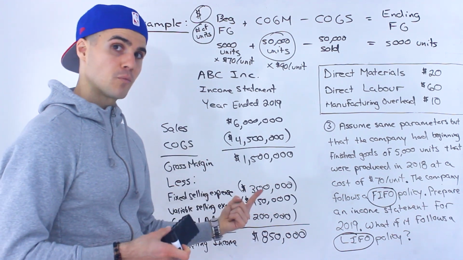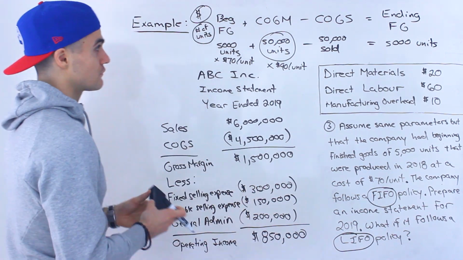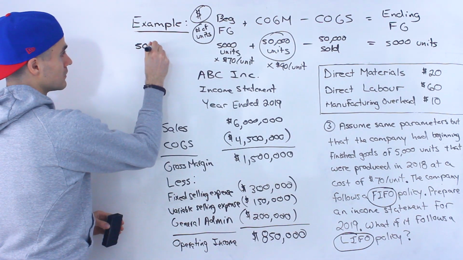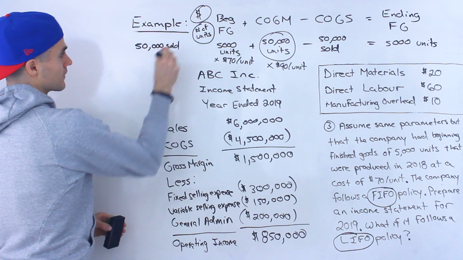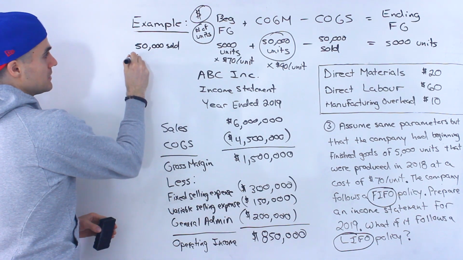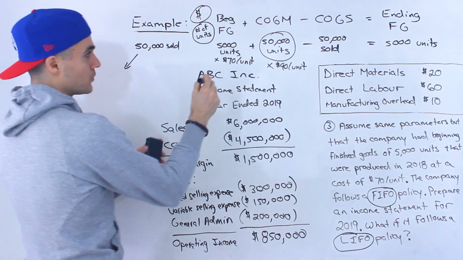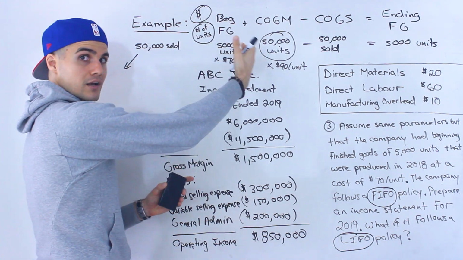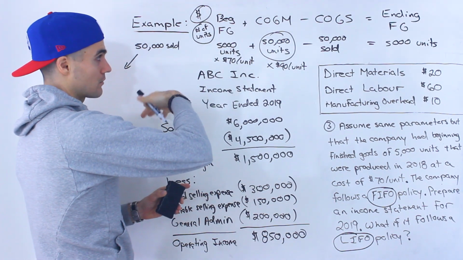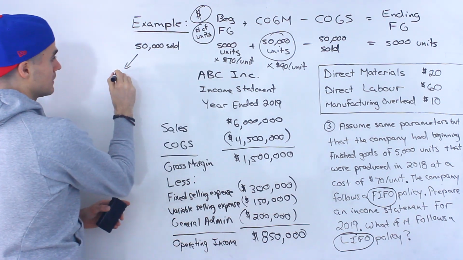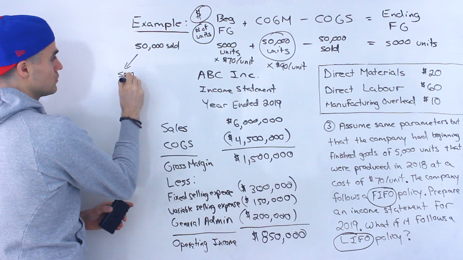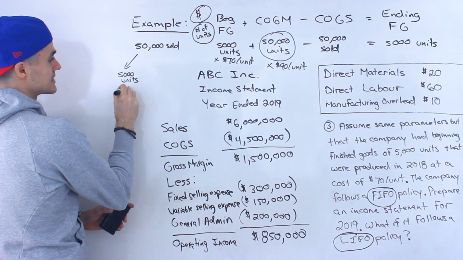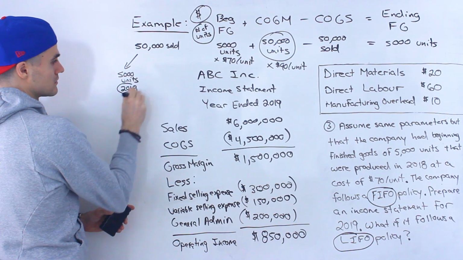But with the FIFO policy, it's going to be different because now that 50,000 units sold is going to be comprised of, with FIFO, what's happening is the units that were there first come out first. All right, so from that 50,000, we're going to have 5,000 units, let's call these the 2018 units.